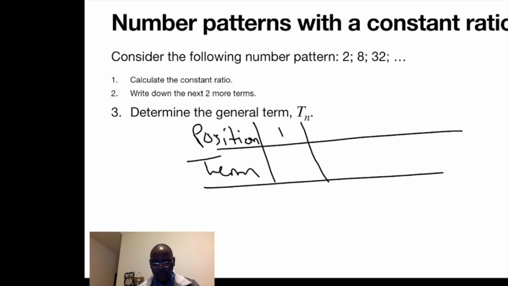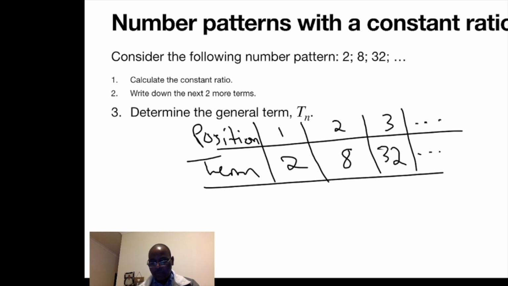In position 1, there is a 2. In position 2, we have 8. And in position 3, we have 32. Now, we want to find what is in position n. And we know that in position n, we have Tn. So we need to find Tn.